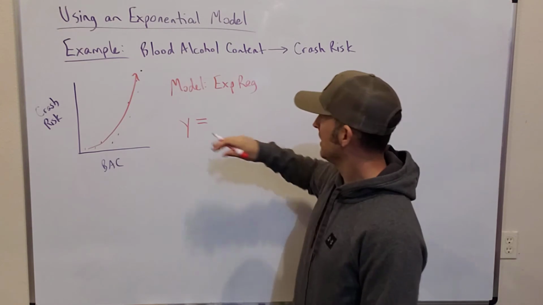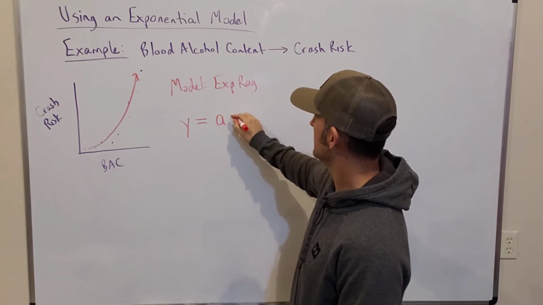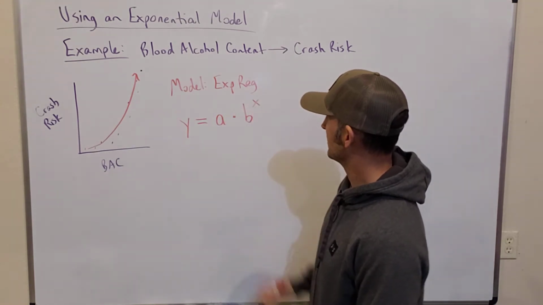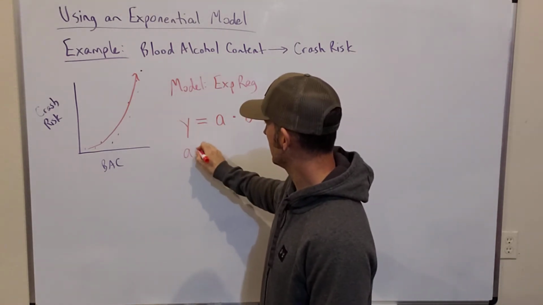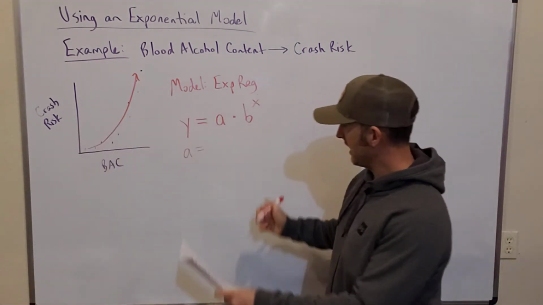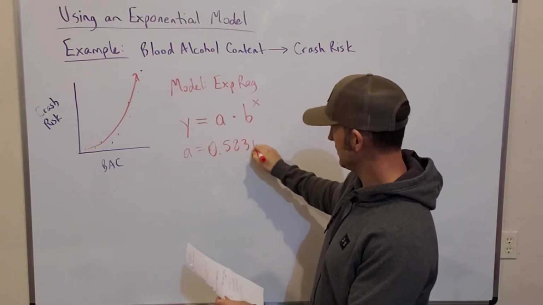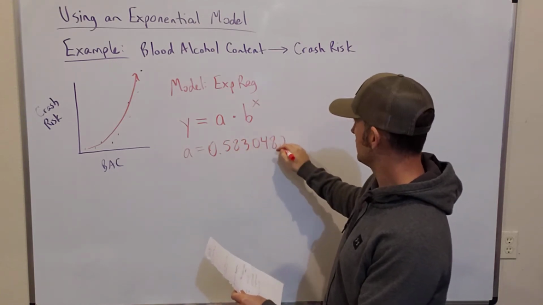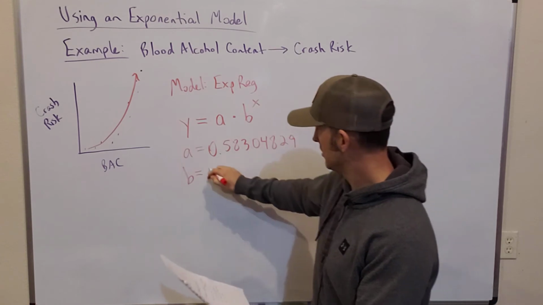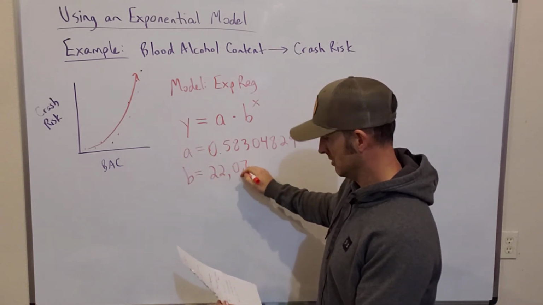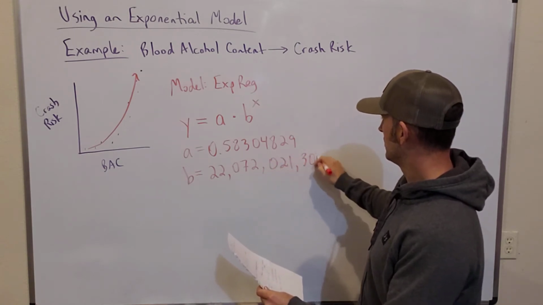Y equals, and because it's exponential, it's got to have a number to a power. So it's going to be y equals a times b to the x. I need to know what a and b are for this particular curve. Let's say that a is 0.5830489, and that b is 22,072,021,300.